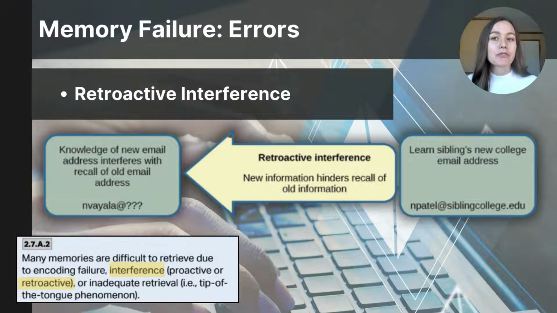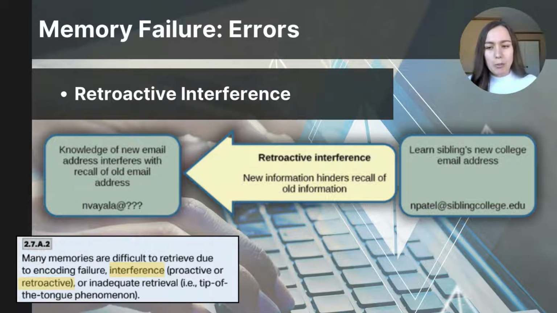The second type of interference that can cause memory failure is called retroactive interference. Retroactive interference happens when new information hinders or blocks the recall of older information. So, suppose you have to set a new password and you can't use your old password that you always use because this new program wants you to use special characters.